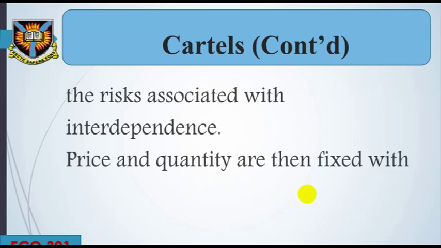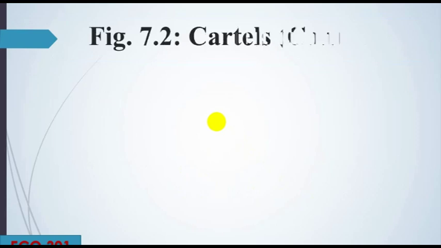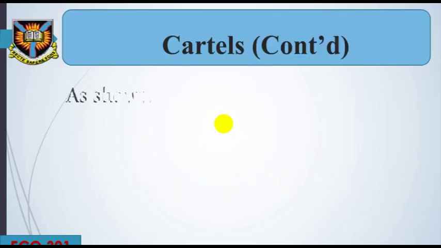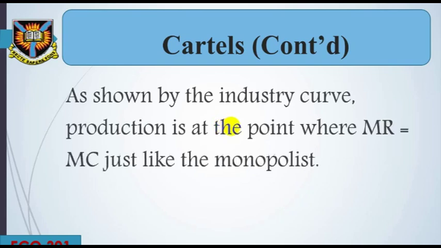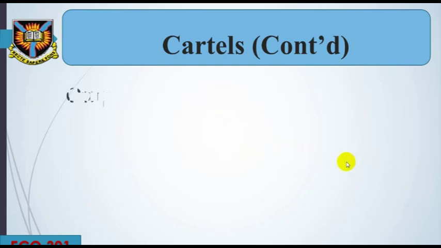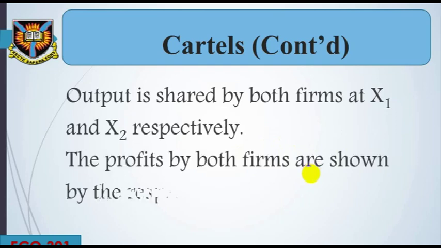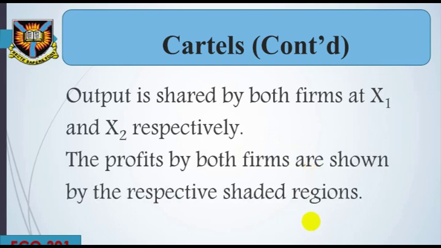Price and quantity are then fixed with the sole aim of maximizing profits. As shown by the industry curve, production is at the point where MR is equal to MC, just like the monopolist. Output is shared by both firms at S1 and S2 respectively. The profits of both firms are shown by the respective shaded regions.